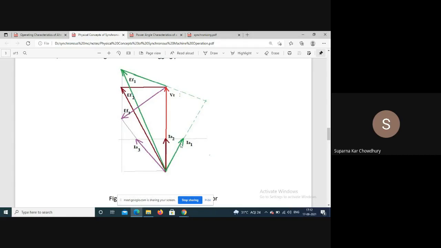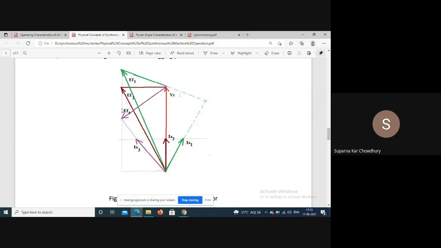But if the machine is supplying the power at some lagging power factor, then Ef will be Vt plus Ia1 Xs is equal to Ef1. Similarly, if the current is leading, Ia3, then the excitation is Ef3. This is for constant power, that is, Ia cos theta is constant.